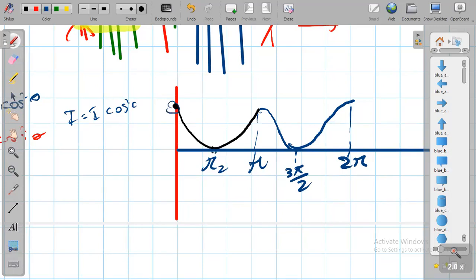When the angle is 90 degrees, perpendicular to the direction, no wave is available to go. Again at pi, 180 degrees apart, it comes back to the same I naught over 2 value. Again at 360, you get the same value back again. So the intensity changes in this manner.